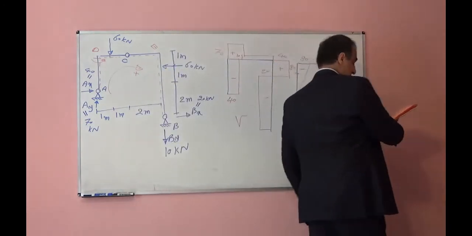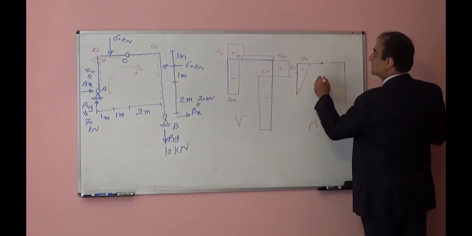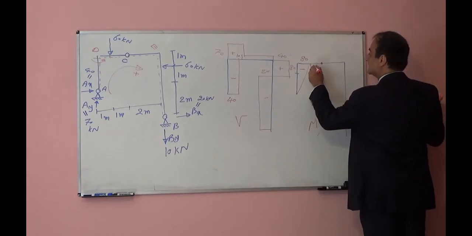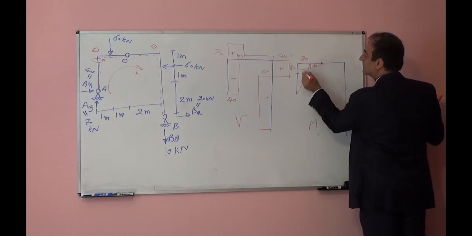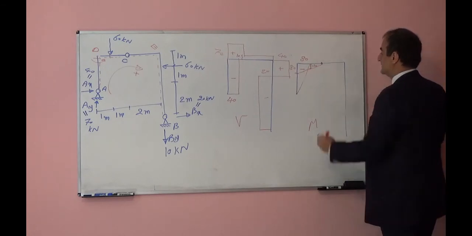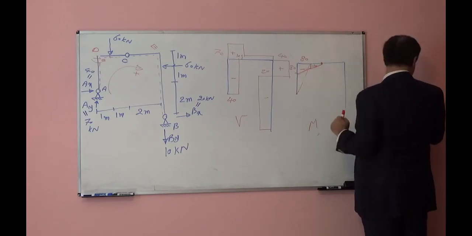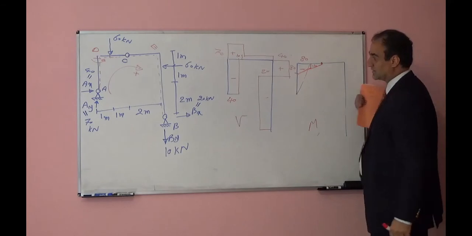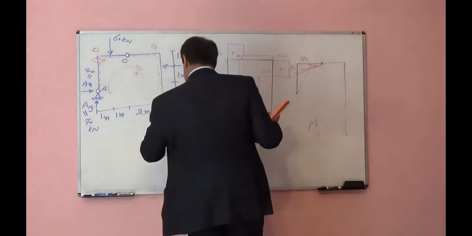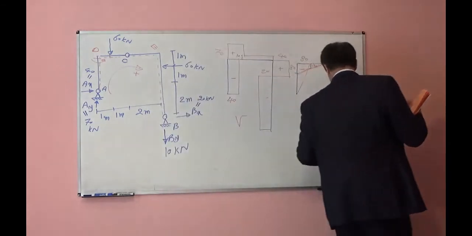It will be negative 10. So here will be negative 10, line, like this. One line here, another line like this. That will be the moment diagram. Moment at point B is 0 because it is hinged.